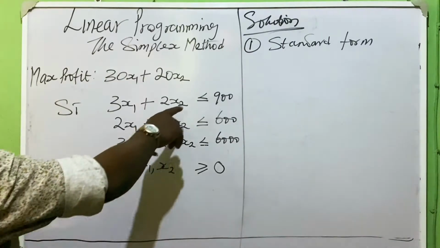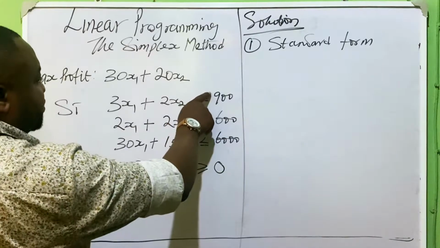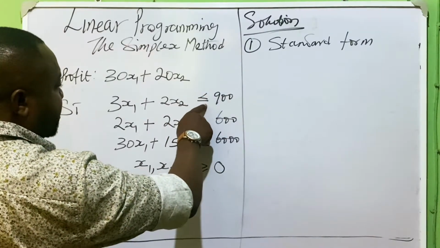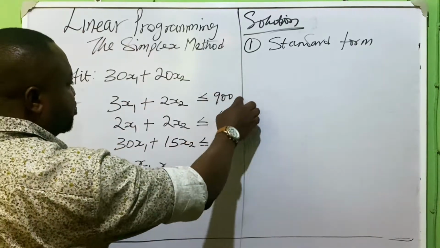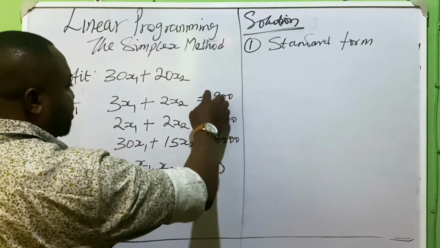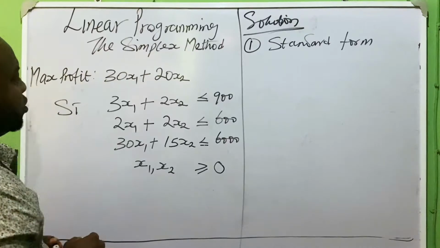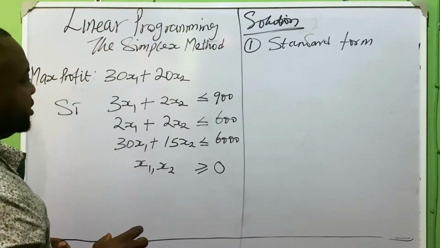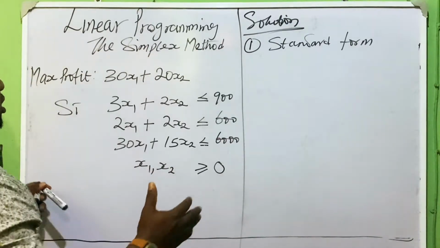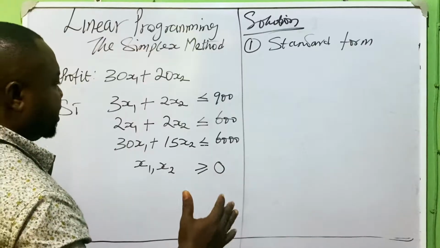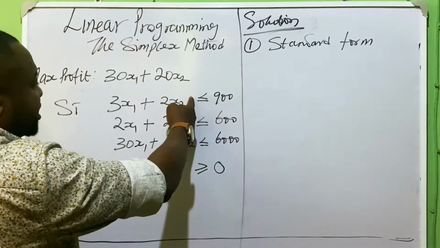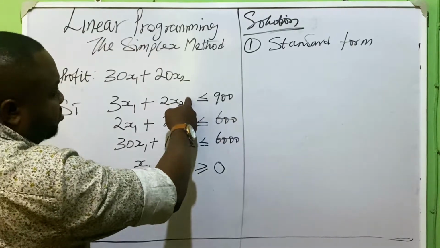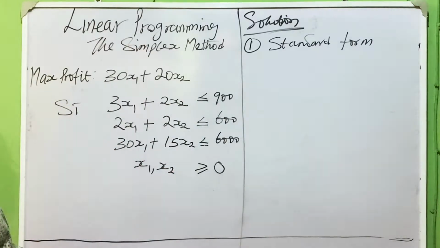By virtue of the fact that we have a less than or equal to type here, it simply means that we may not be able to use up this resource available here. So, for us to standardize, which literally means to find a way to balance the two sides, we will be bringing in something to represent that part that may not be used up.